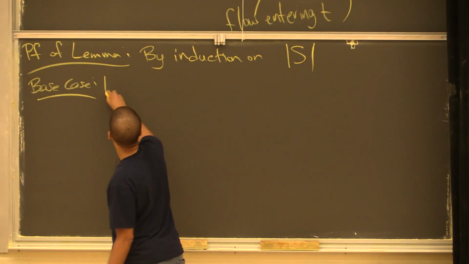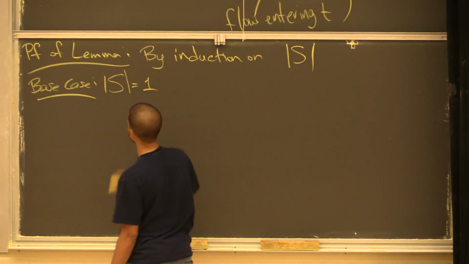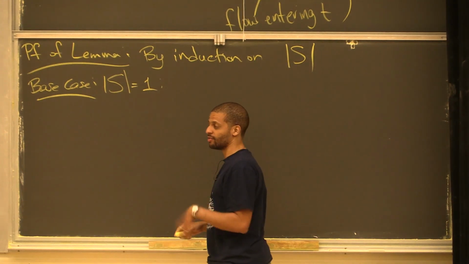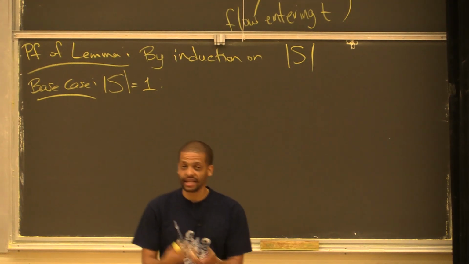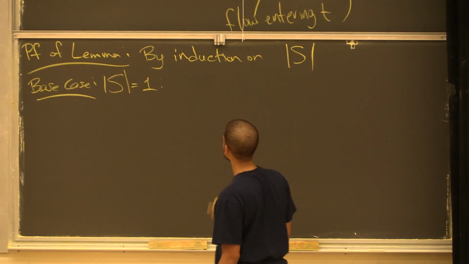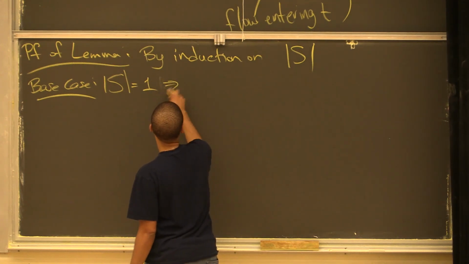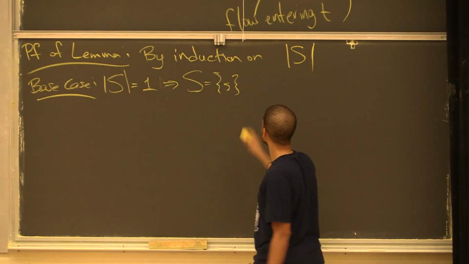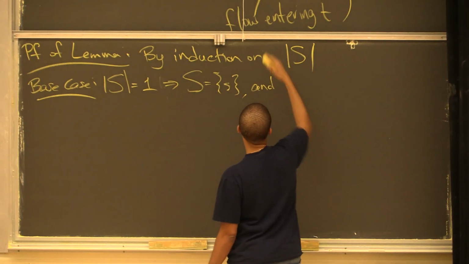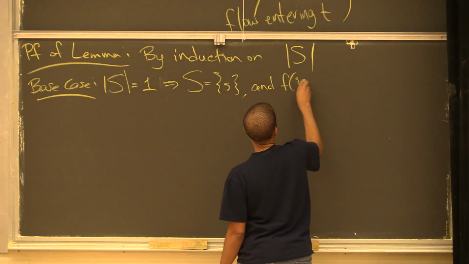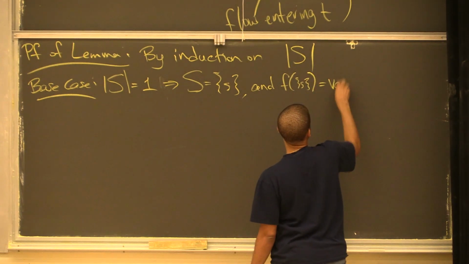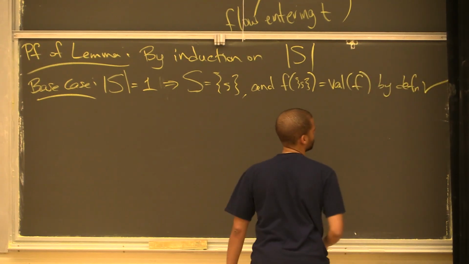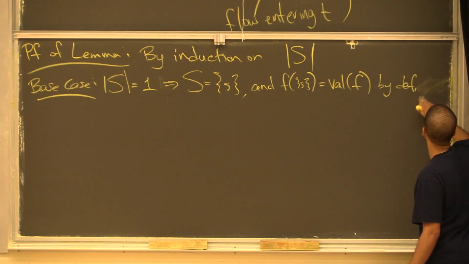The base case is that capital S has size exactly 1. Well, why does it hold when capital S has size exactly 1? Remember, by the definition of st cut, little s has to be in capital S. So if capital S has size 1, this implies that capital S is just little s. And we know, as we said up there, that f of the set only containing little s is equal to the value of f by definition. Okay? So we're good. The base case holds.